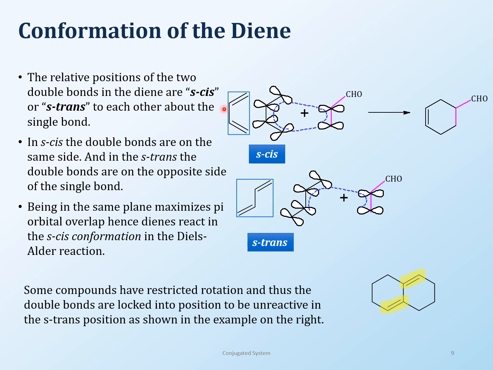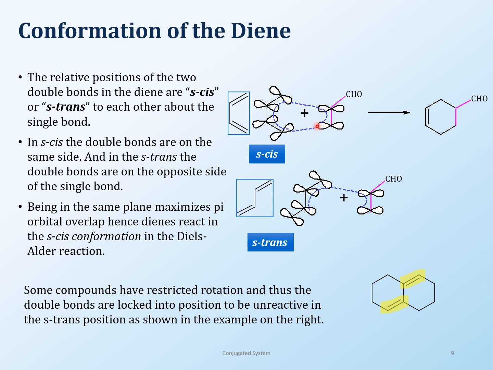Okay. So now if you have a cis double bond like this, and again, this is not the double bond per se, like in the 2 hydrogens at the same side. This is S-cis. So when the double bonds are facing on the same side, then that is a preferred type of conformation versus when the double bonds are on the opposite sides of each other, okay? And the reason for that is about the overlap of orbitals, okay? So now you can see here in the S-cis kind of a system, the overlap is easily possible, okay?